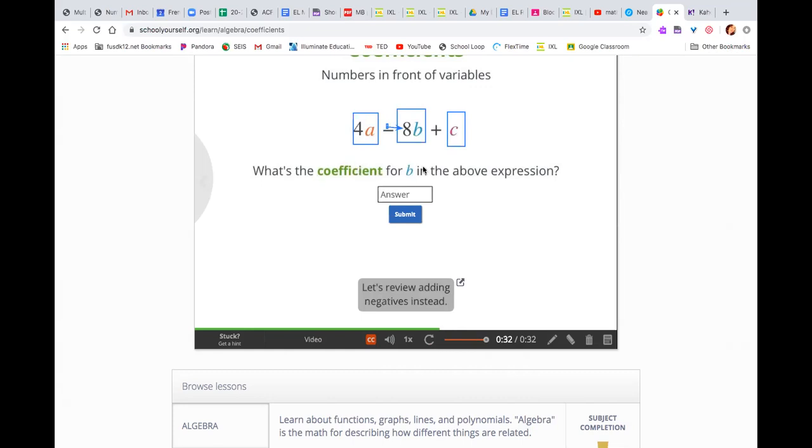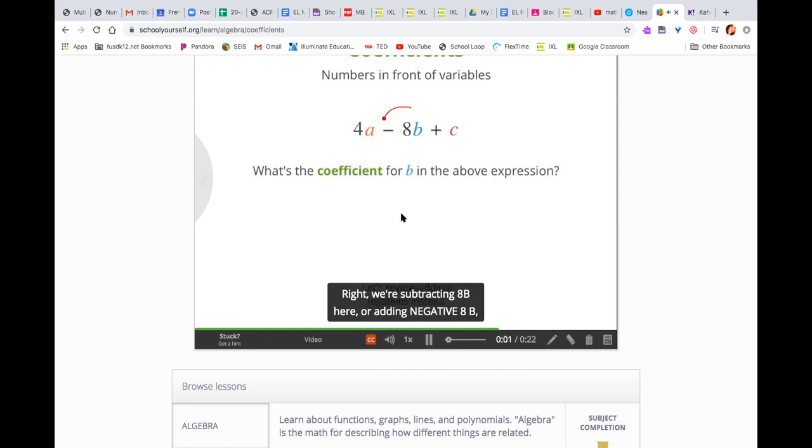So what would the coefficient for b be? 8? Okay, and is it going to be positive 8 or negative 8? Negative? Because it said minus, so we have to include it. Right, we're subtracting 8b here, or adding negative 8b. So the coefficient for b is negative 8.